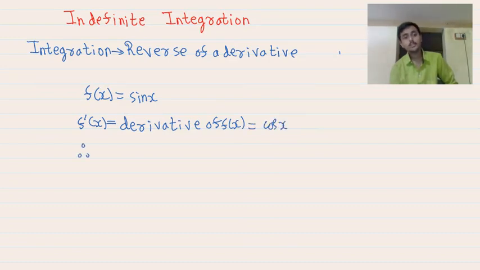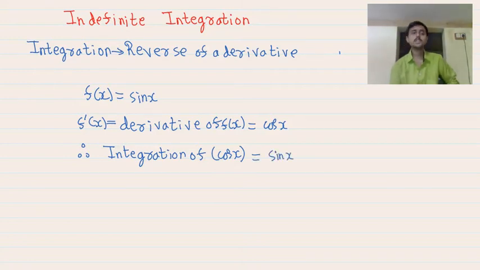Therefore, we will say that integration of cos x should give us sin x. This is how we call it the reverse of differentiation or the reverse of derivatives.